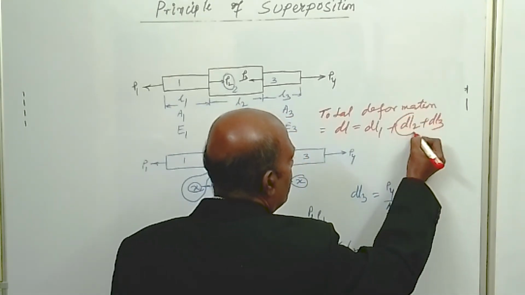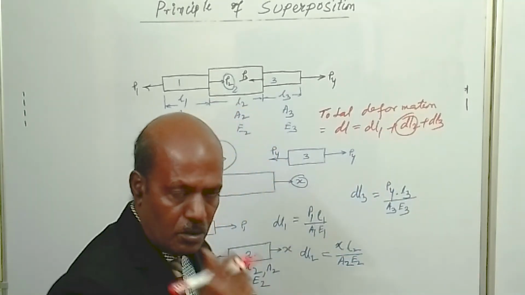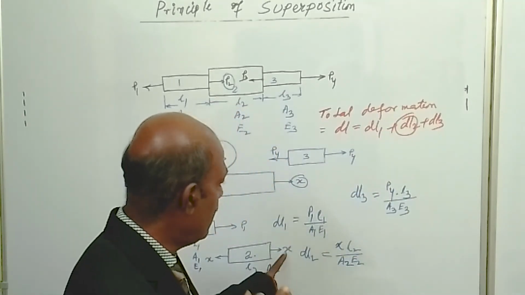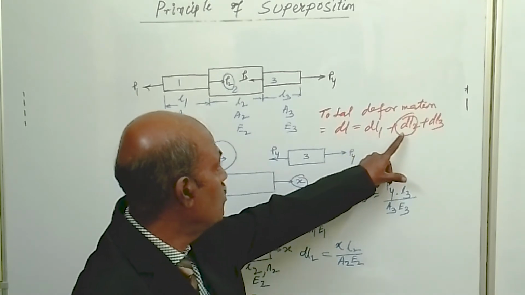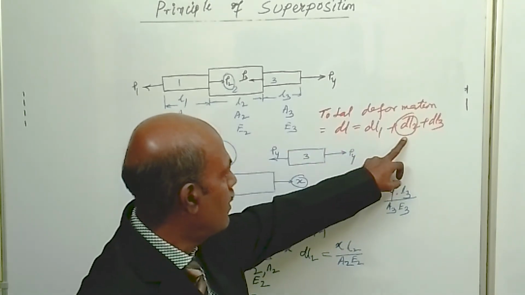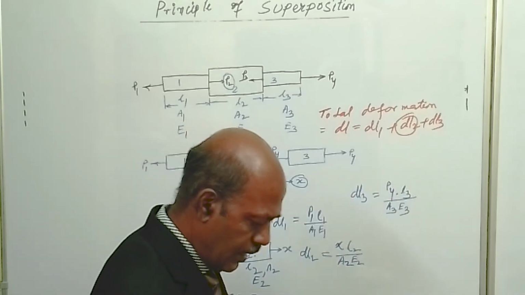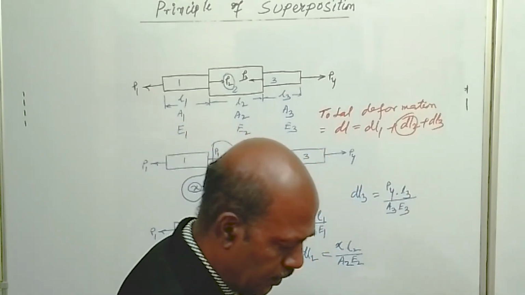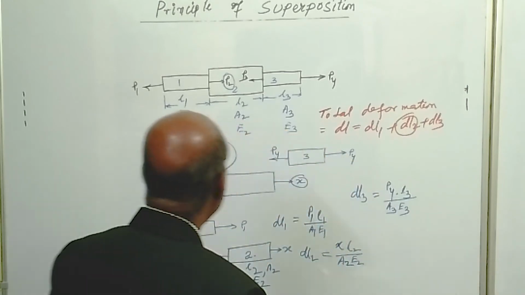This one may be negative also. If the x value is negative, then dl2 will be negative. So we have to take care at this point. Now we will see some problems on this.